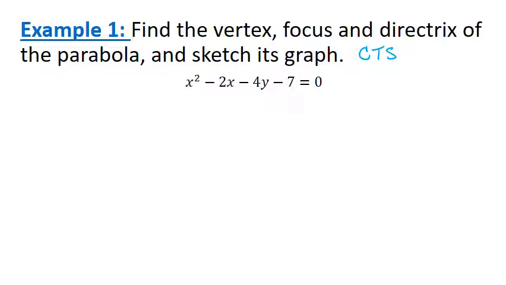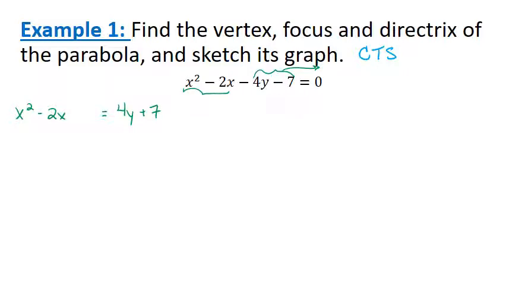First, we want x's on one side, y's on the other. So I'm going to leave these here, and move these over. And when I do, I end up with x squared minus 2x is equal to a positive 4y plus 7.